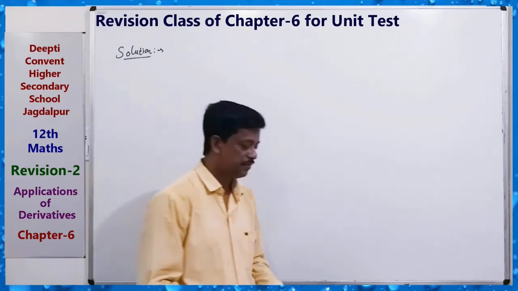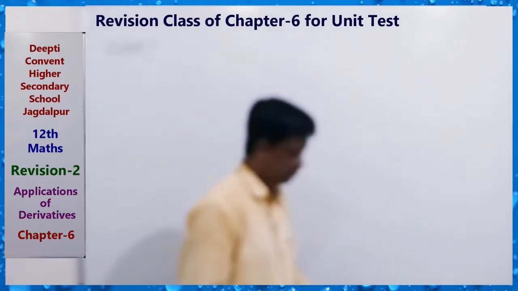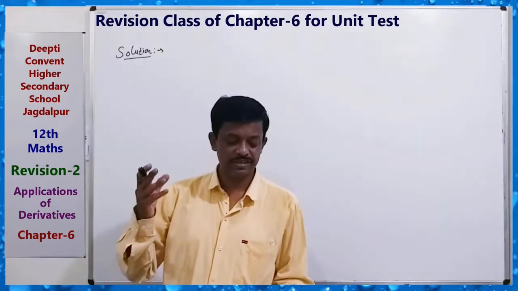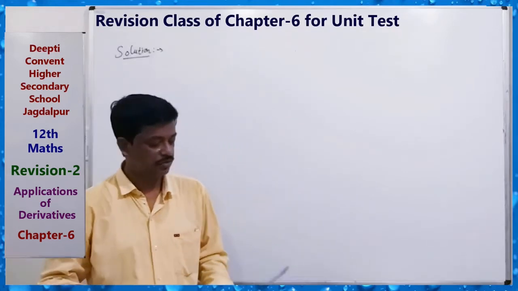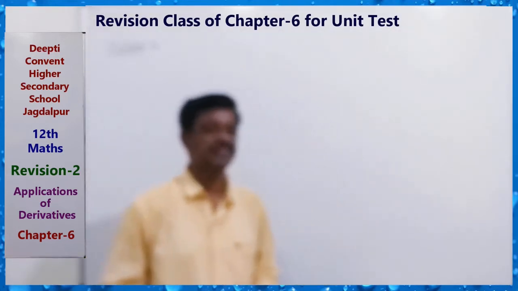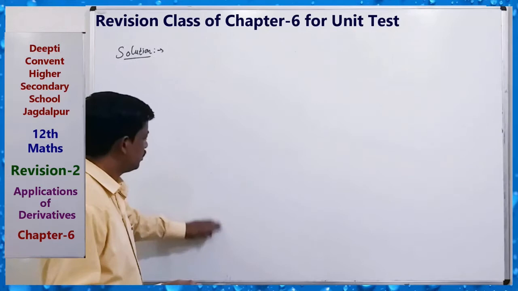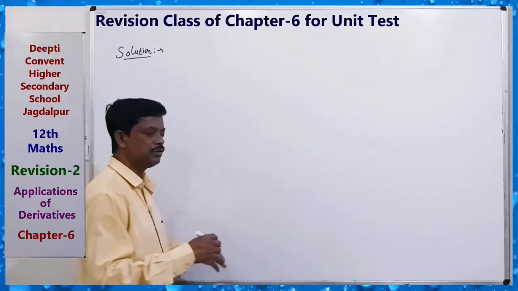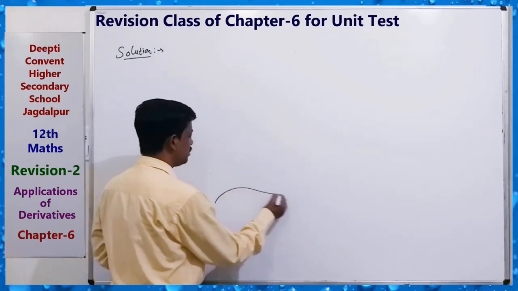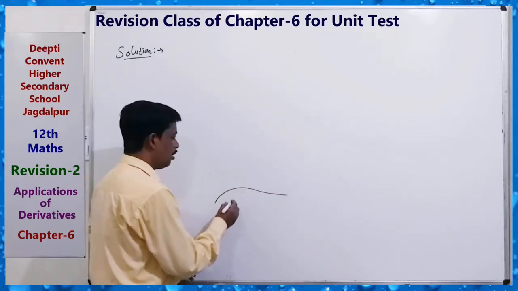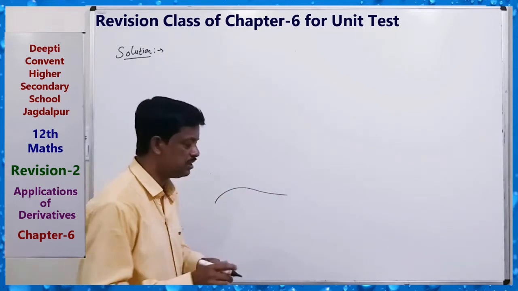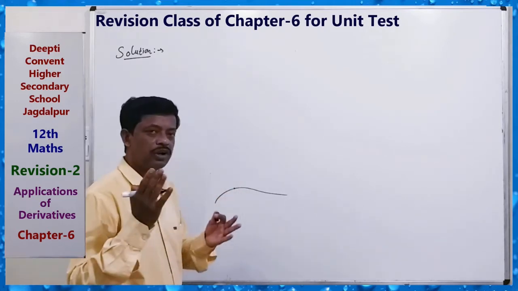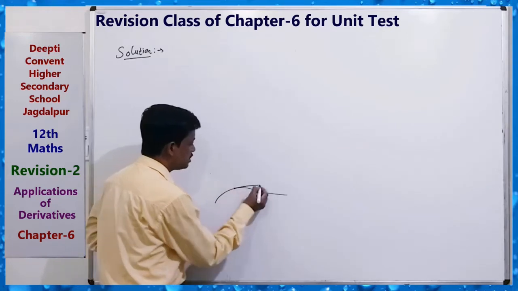So here we have to know what is tangent, what is normal, and how we can find the equation of tangent and normal. Generally we are given a relation between x and y that represents a curve. Tangent to the curve means on the curve there should be a point that is the point of contact, and there the tangent is like this.